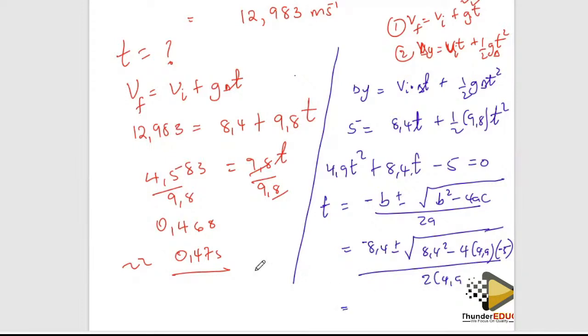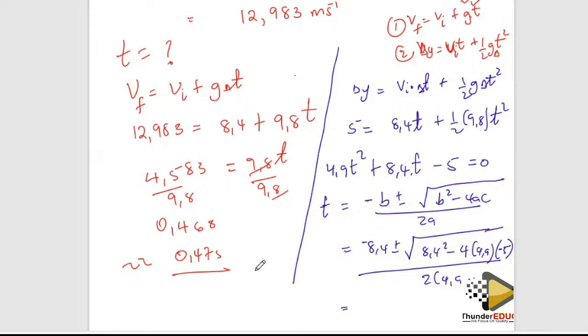Guys, let me see if what I'm saying makes sense, okay? We are adding the square root of 8.4 squared minus 4 times 4.9 times negative 5, over 2 times 4.9.